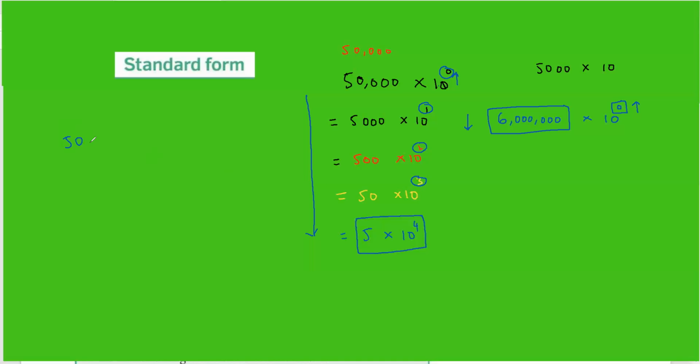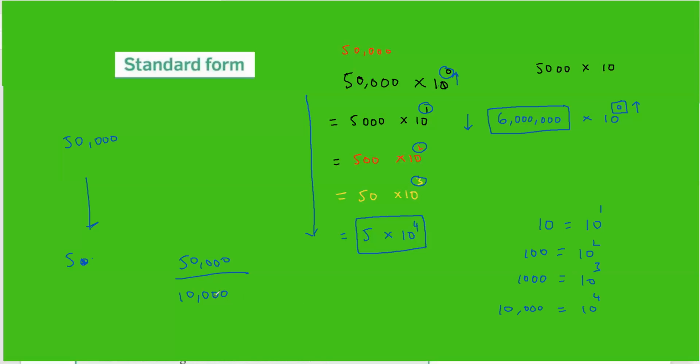When you write this 50,000 as just 5, it actually means you have divided 50,000 by 10,000. And good students know that 10 can be written as 10 raised to power 1, 100 means 10 squared, 1,000 means 10 cubed, and 10,000 means 10 raised to power 4.